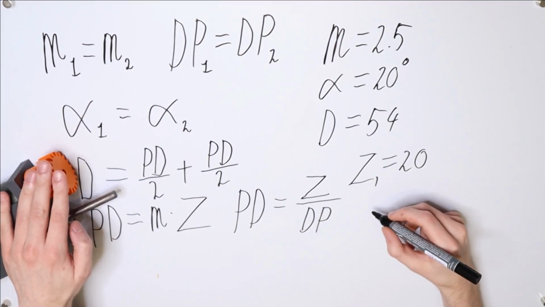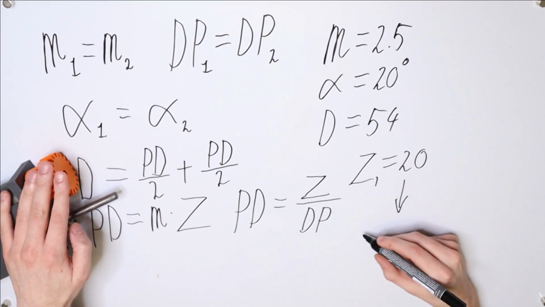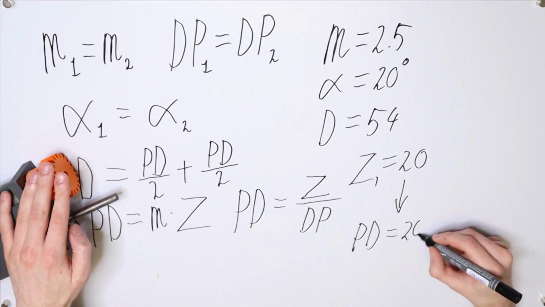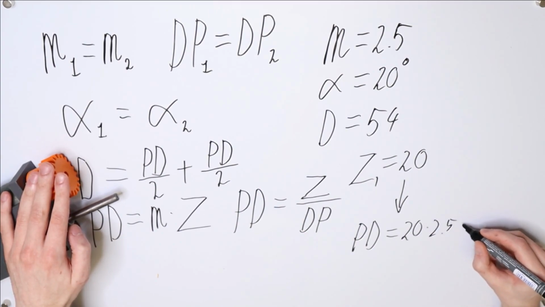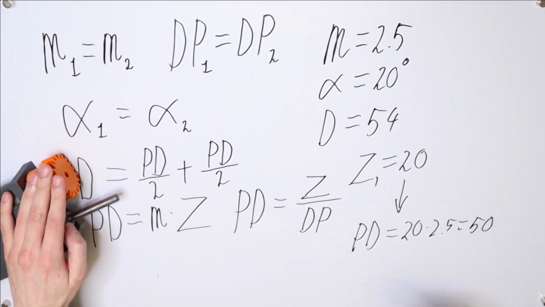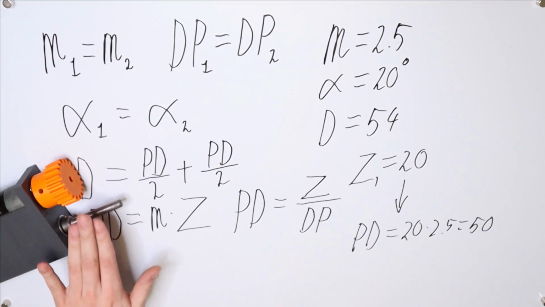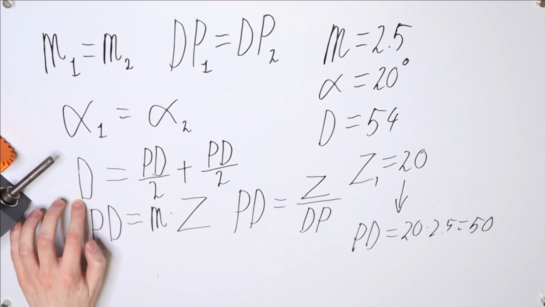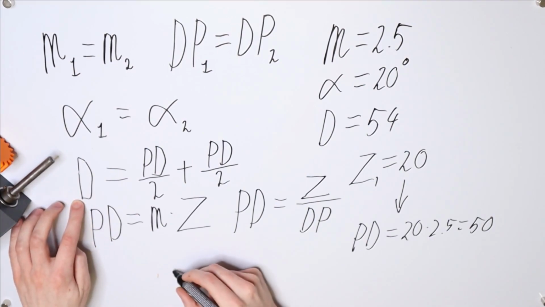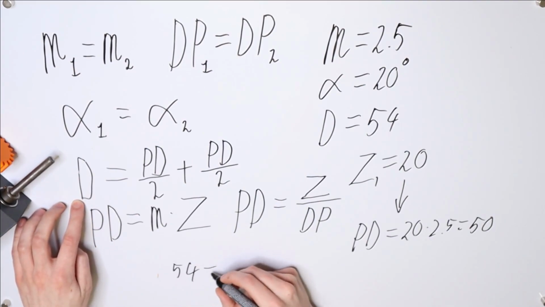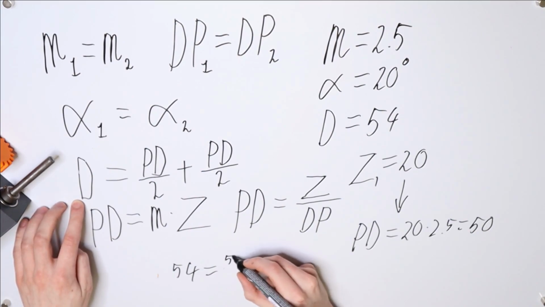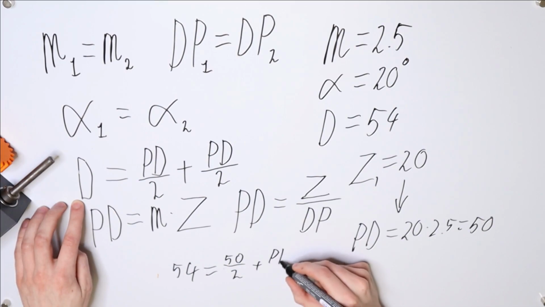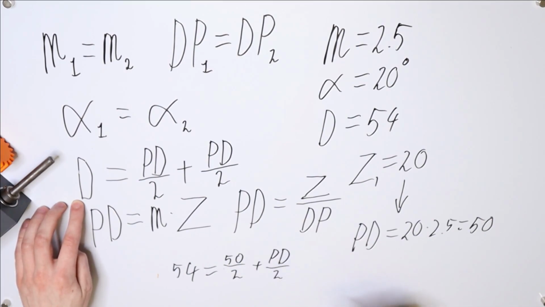So gear number 1 here has a pitch diameter of 20 times 2.5, which is 50. But now the question is, what must the other gear be? Well, if we take a look over here, we see that 54 is equal to 50 divided by 2 plus that unknown pitch diameter divided by 2.